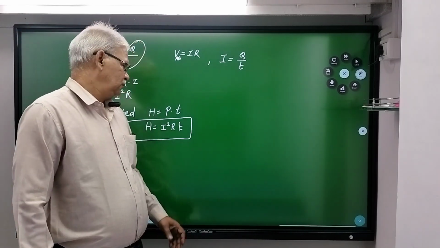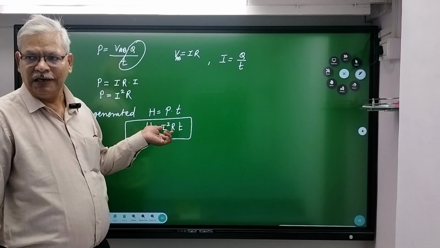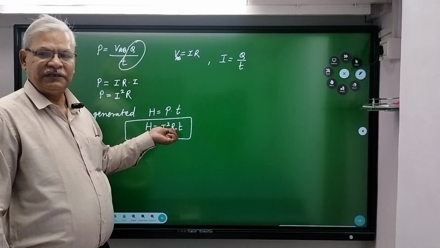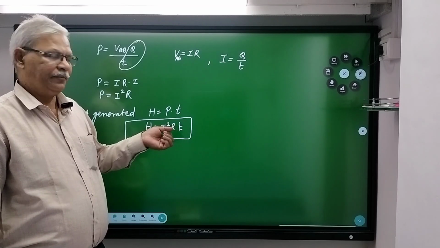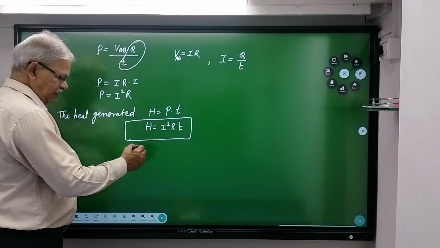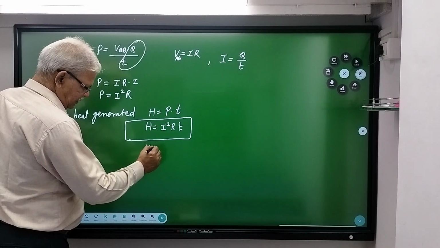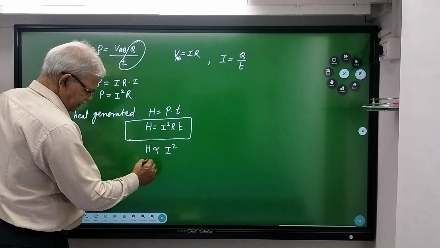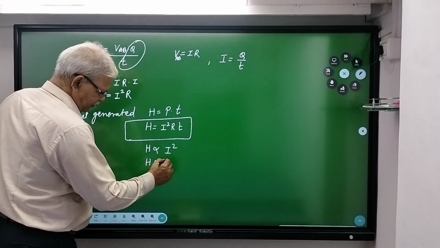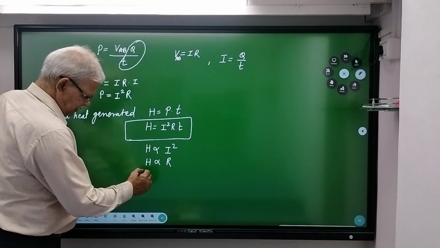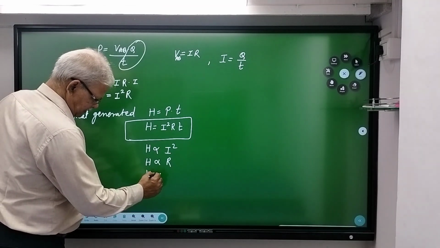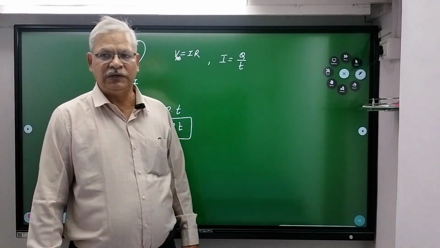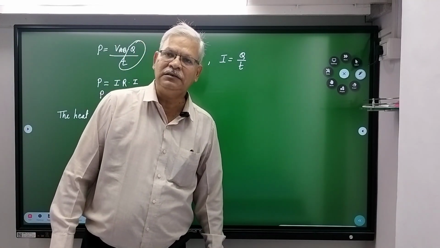This tells us that if I current is flowing through a conductor of resistance R for time t, then heat generated is directly proportional to the square of the current flowing, to the resistance of the conductor, and to the time for which the current is flowing. This is the Joules law.